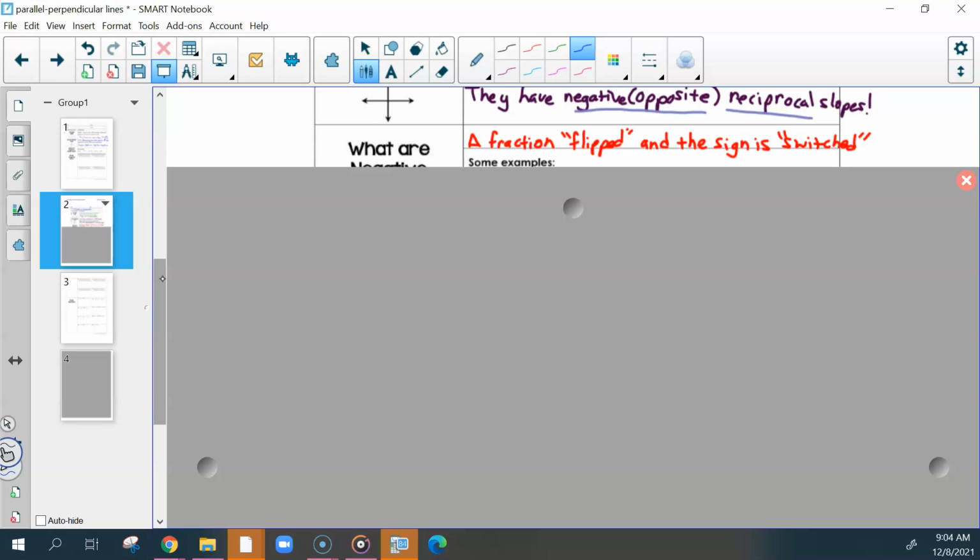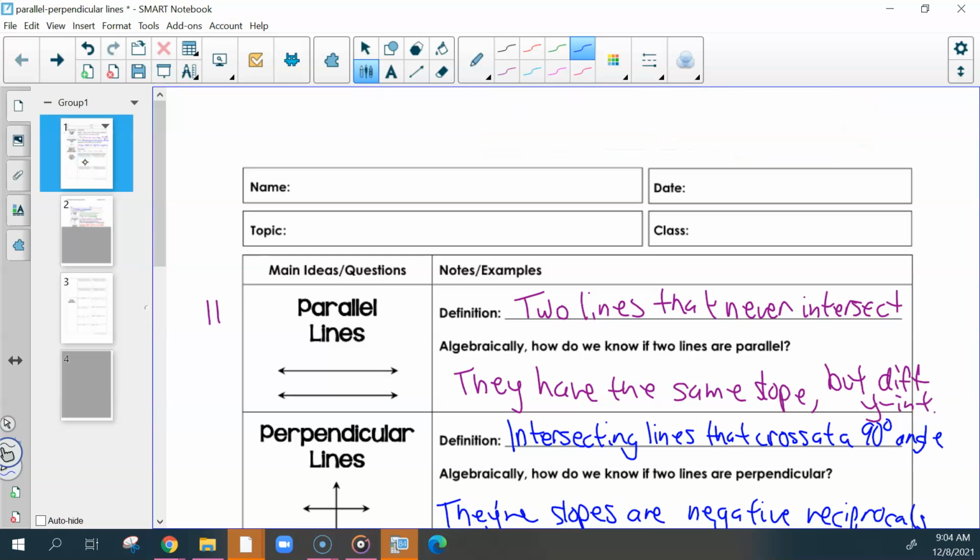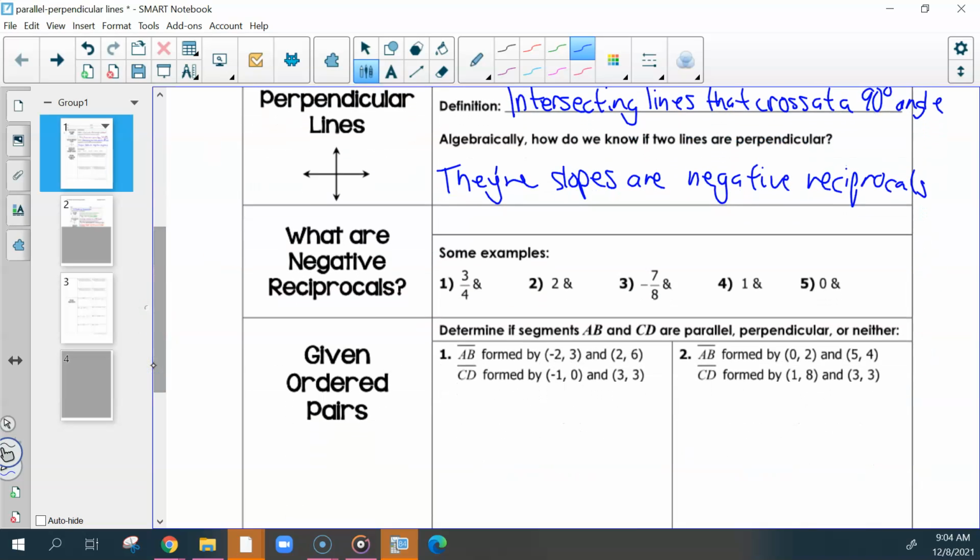A fraction flipped and the signs are switched. So I'm going to rewrite that on the other one so it's a little bit bigger.